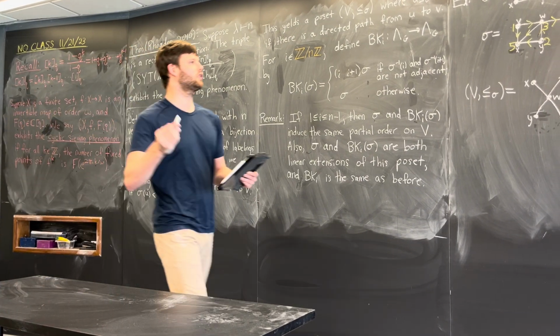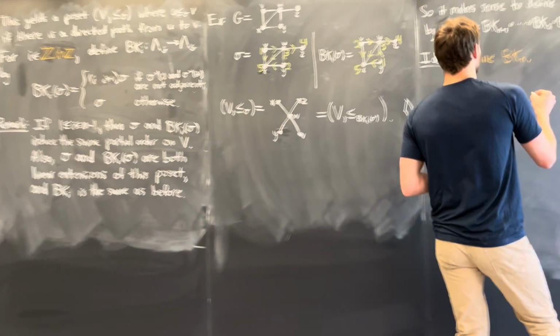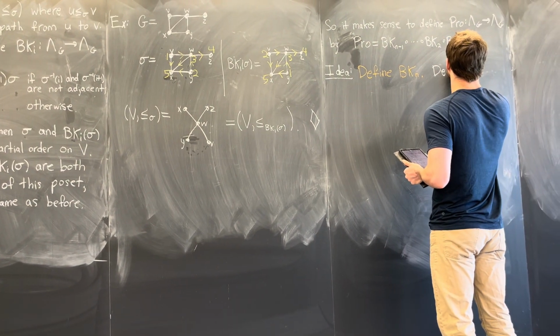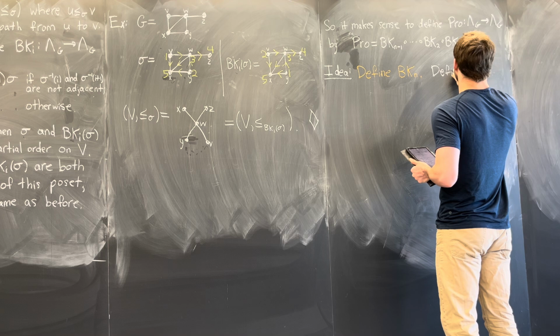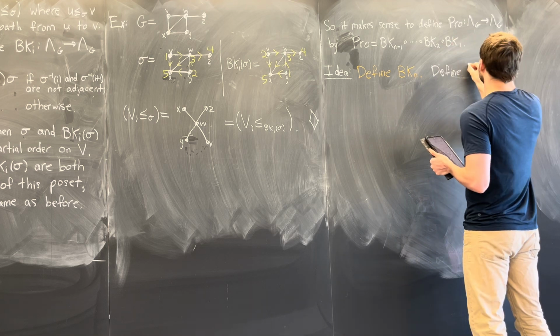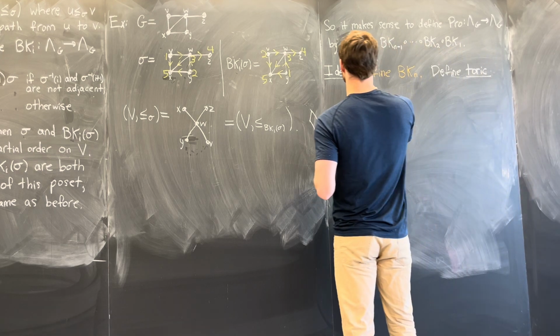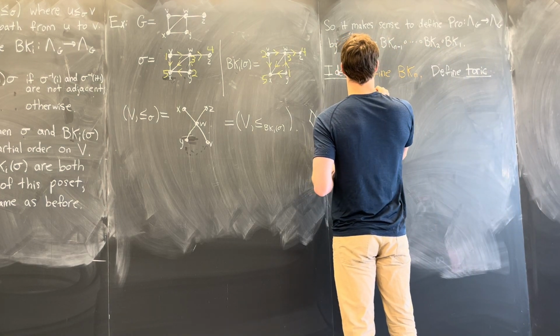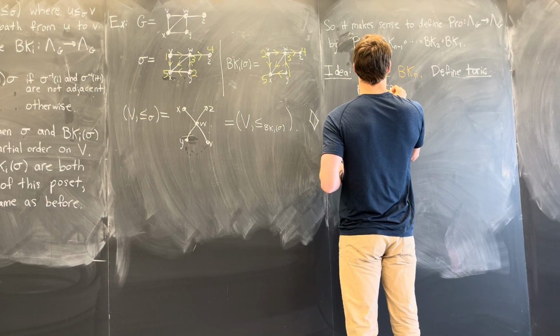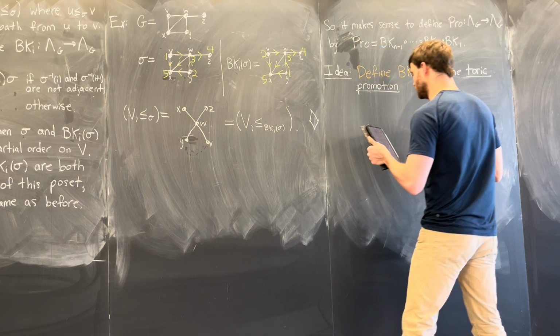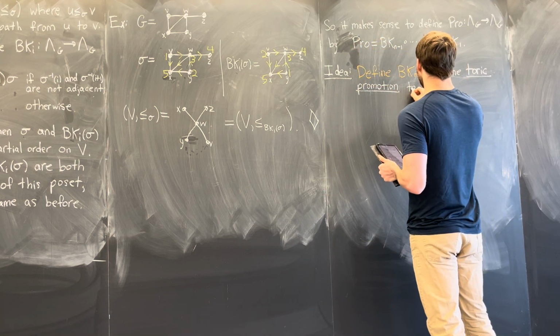and then we can define a sort of cyclic analog of promotion. So define toric promotion to be the map.